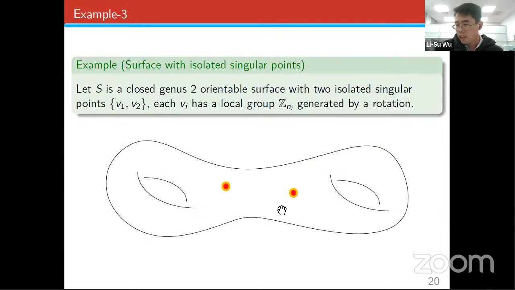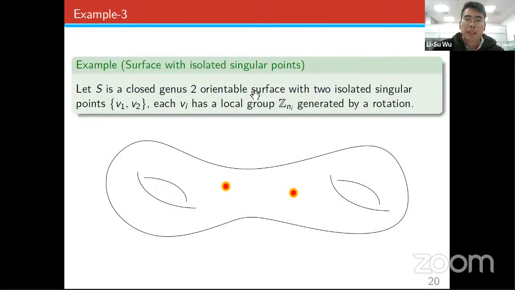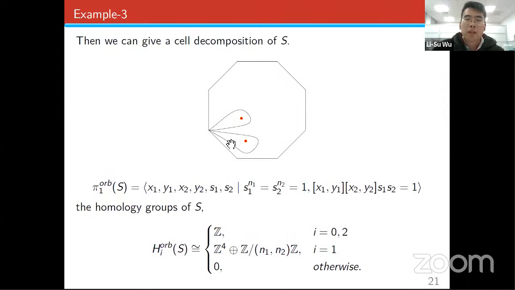Finally, an example of a non-Coxeter orbifold. Let F be a closed genus 2 orientable surface with 2 isolated singular points, and each singular point has a local group that is a finite cyclic group generated by a rotation. Then we can give a cell decomposition of this surface F like this.